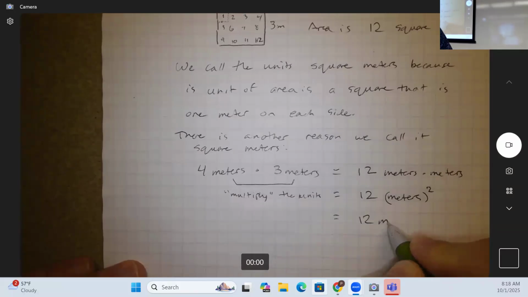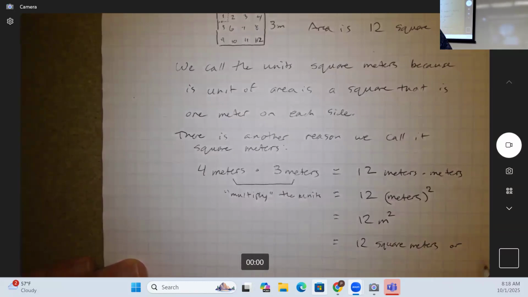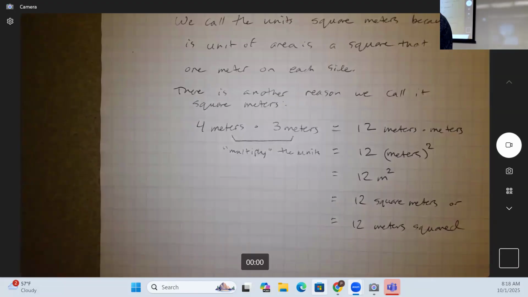Or 12, often you'll see just the m for meters. And this is read 12 square meters or 12 meters squared. It's written in either way.